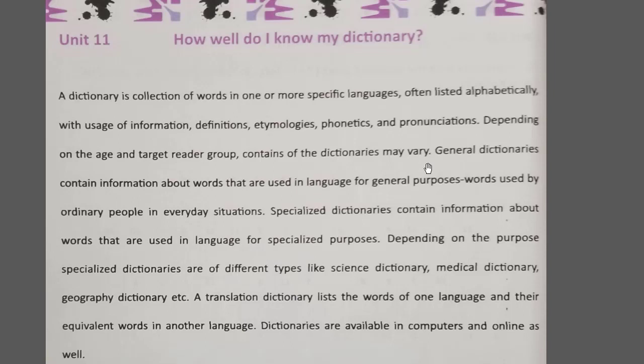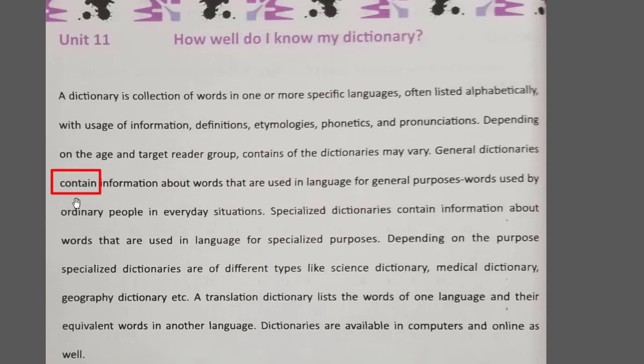I'll give you a word meanings list at the end of this unit. Now this contains, we can see, is items, right? But look at the next sentence. General dictionaries contain information about words that are used in language for general purposes. So over here, general dictionaries contain information.